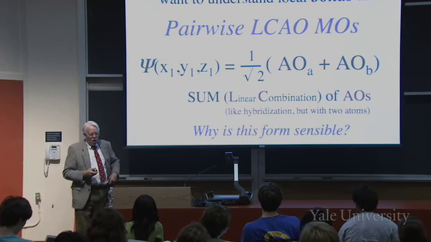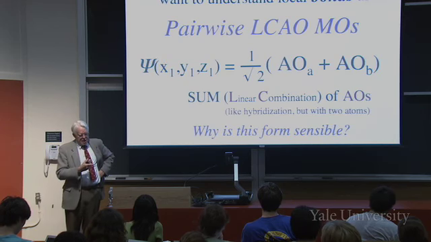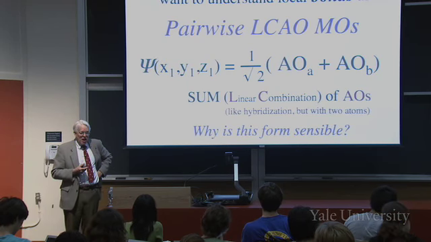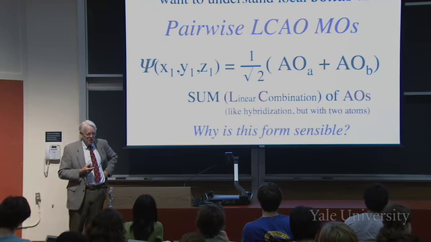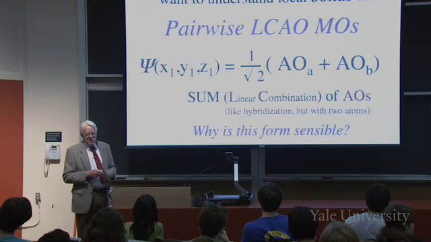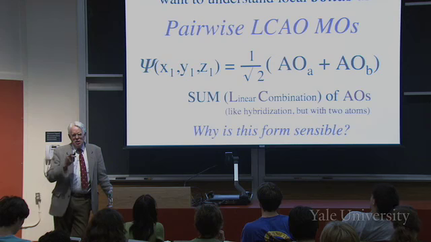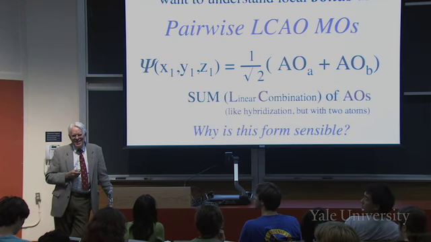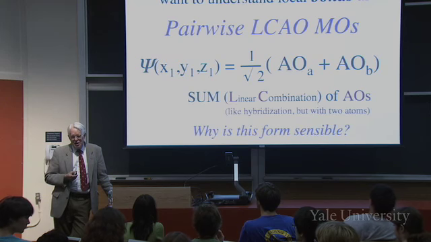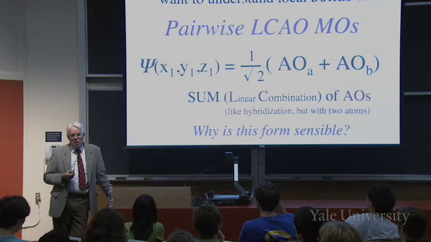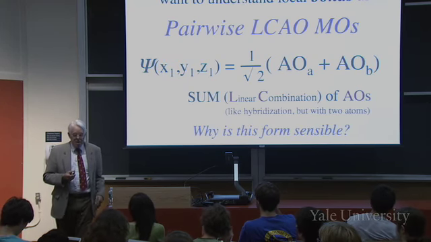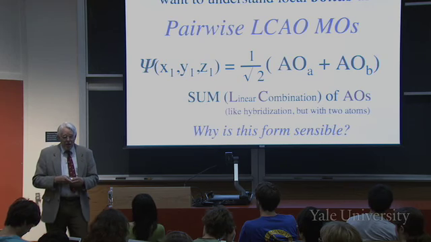Okay, now, why is it sensible to think that you might get pairwise molecular orbitals that can be expressed like this? How do you interpret an orbital? Corey? What good is an orbital? What do you use it for? Well, it's a one electron wave function. But what do you use it for? For probability. And how do you get probability?